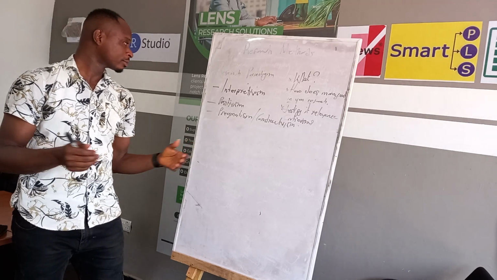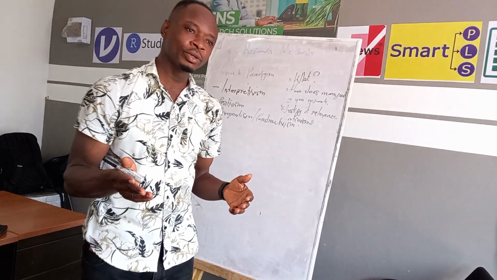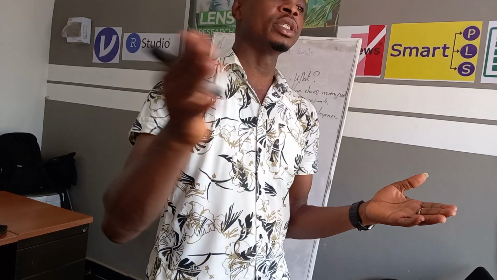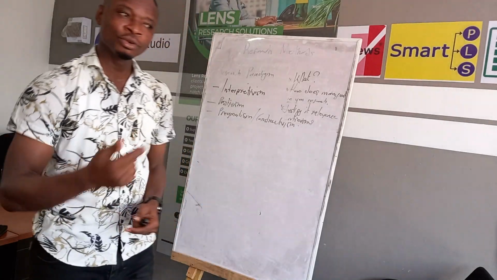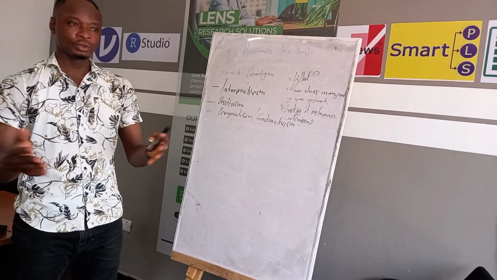So that is it. The interpretivists believe that beauty lies in the eyes of the beholder. Is that not it? Yeah. And so they believe that we don't have objective truth, and what comes as a truth depends on who sees it. And therefore, from an axiological point of view, the subjective biases of the researcher will influence the determination of what constitutes the truth, the knowledge of the truth.